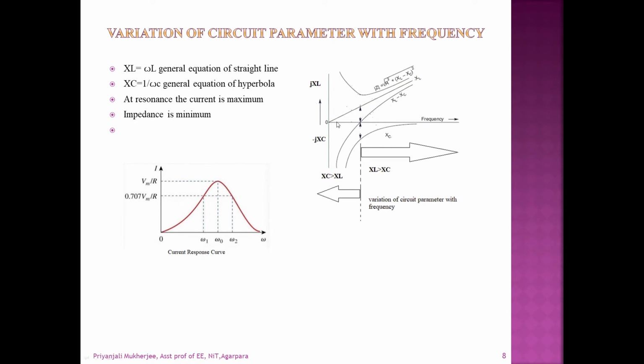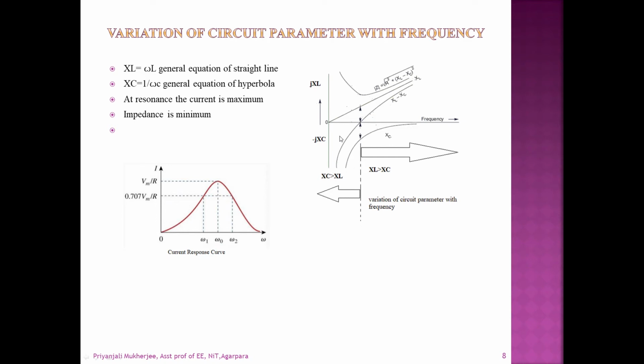So frequency is varying on the x-axis, and next we are plotting XL, and the XL curve is a straight line, whereas the curve of XC is the general equation of a hyperbola, where the frequency is a variable, the constant becomes 1 by 2 pi C, and it looks like this hyperbolic curve.